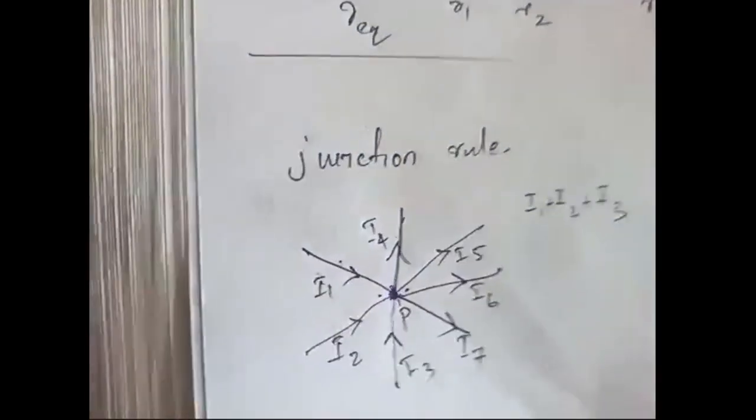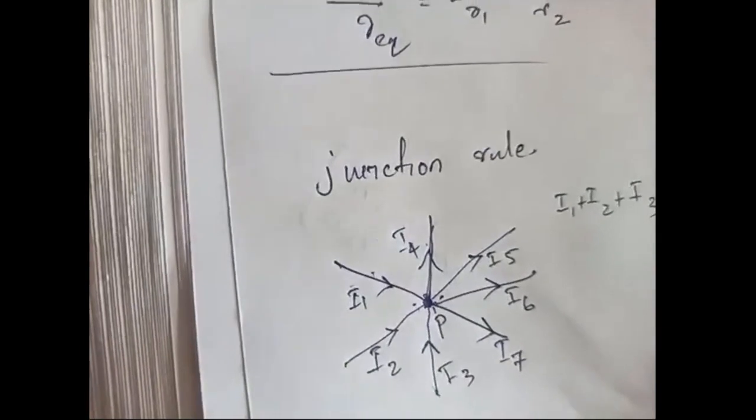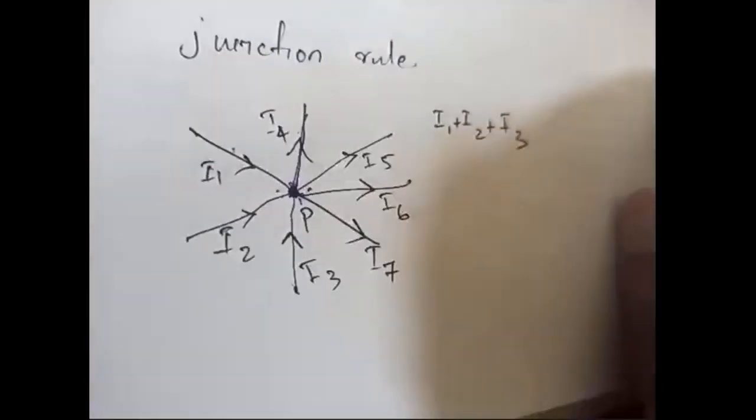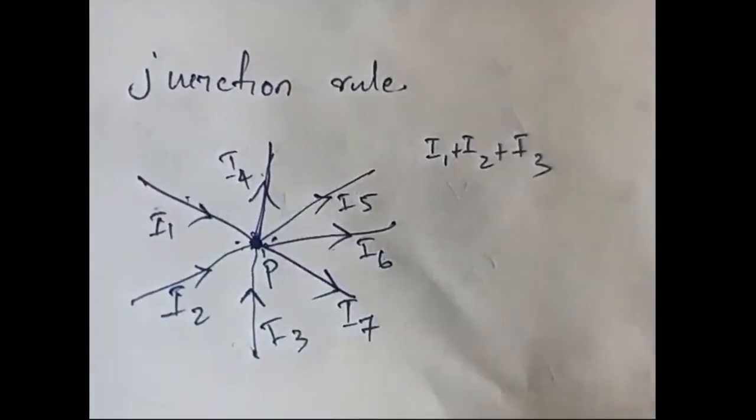So the first rule, Kirchhoff's first rule, is called the junction rule. Junction rule means the algebraic sum of currents meeting at a junction is equal to 0.